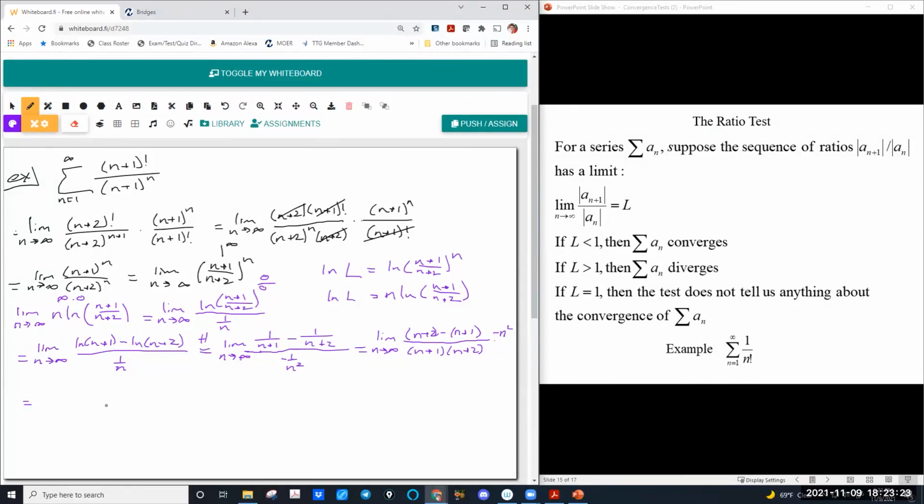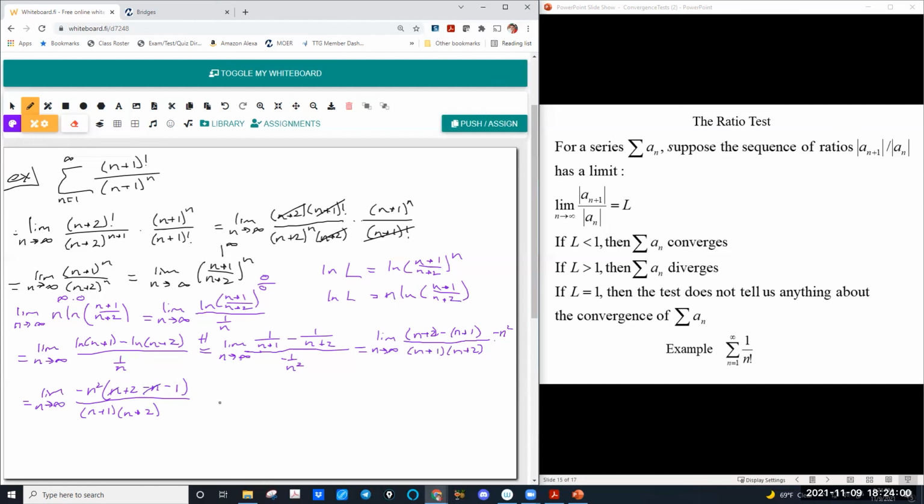All right, so let's see what happens here in the numerator. Limit as n goes to infinity. So we're going to have a negative n squared times n plus 2 minus n minus 1 all over n plus 1, n plus 2. Now here, n minus n, those cancel. 2 minus 1 is 1.